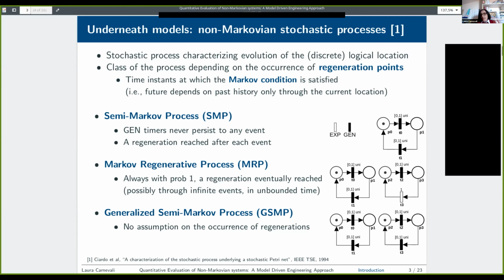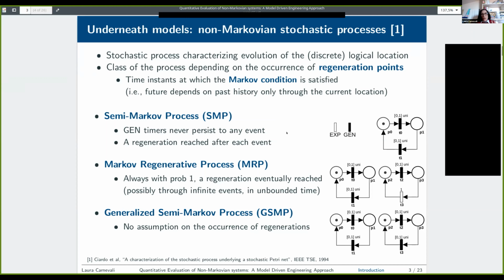So when this event occurs, then a token is removed from place P0 and a token is added to place P1. And this transition T1 is newly enabled, becomes enabled. And so this event, just like T0, will occur after a time that is uniformly sampled between 0 and 1.